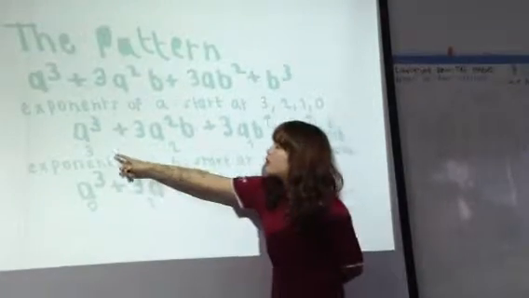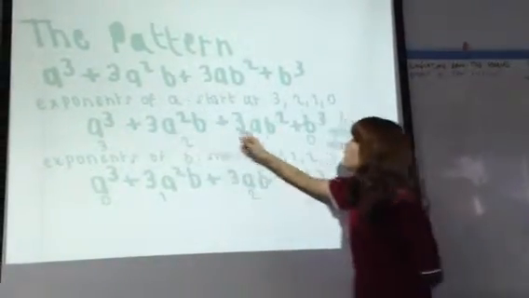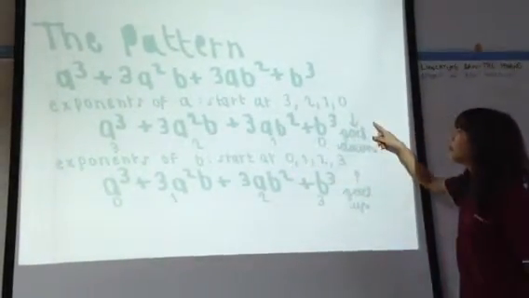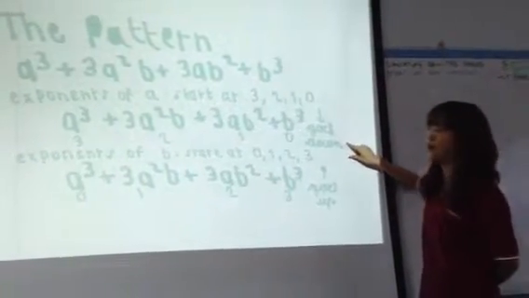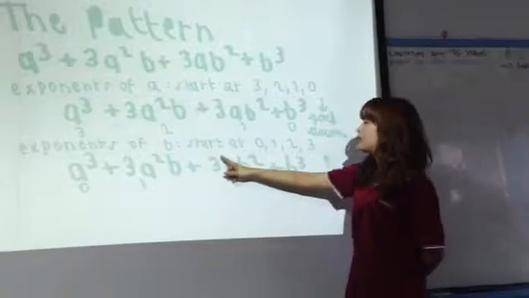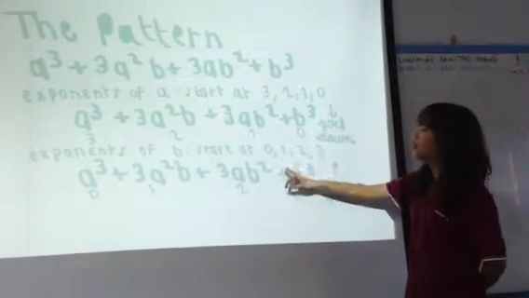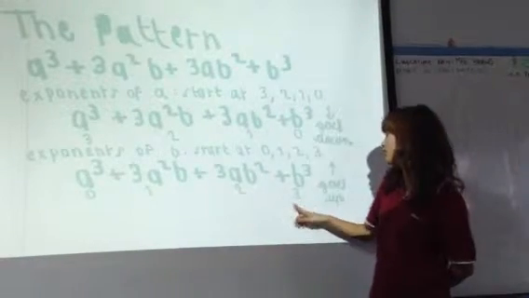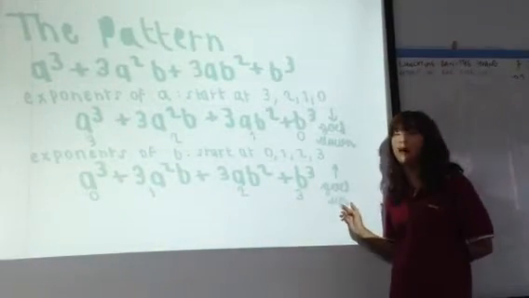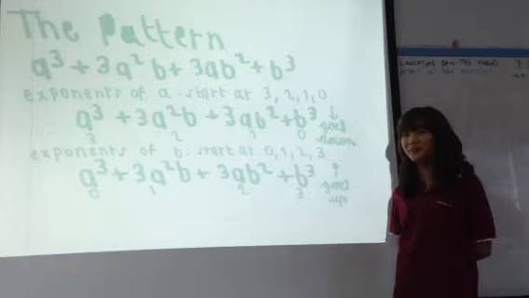Here, like 3, 2, 1, and 0. It means that the exponents of a go down, right? And for b, it starts at 0 and then goes on to 1, 2, and 3. 0, 1, 2, 3. So it goes up. You see a pattern?